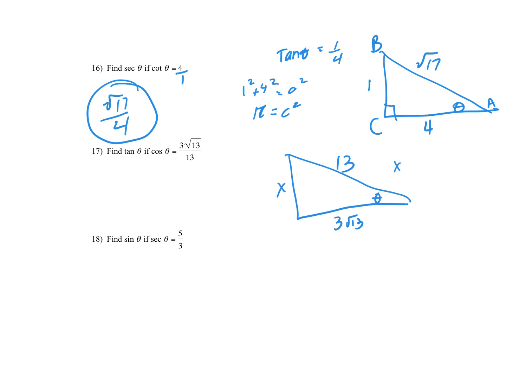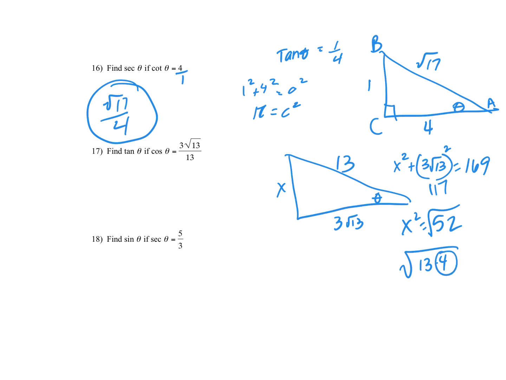So we have x squared plus (3 root 13) squared equals 169, which is 13 squared. 3 root 13 squared is 117, and 169 minus that is 52. So x squared equals 52. So when you square root 52, you get 13 times 4, and the square root of 4 is 2. So it's 2 root 13.